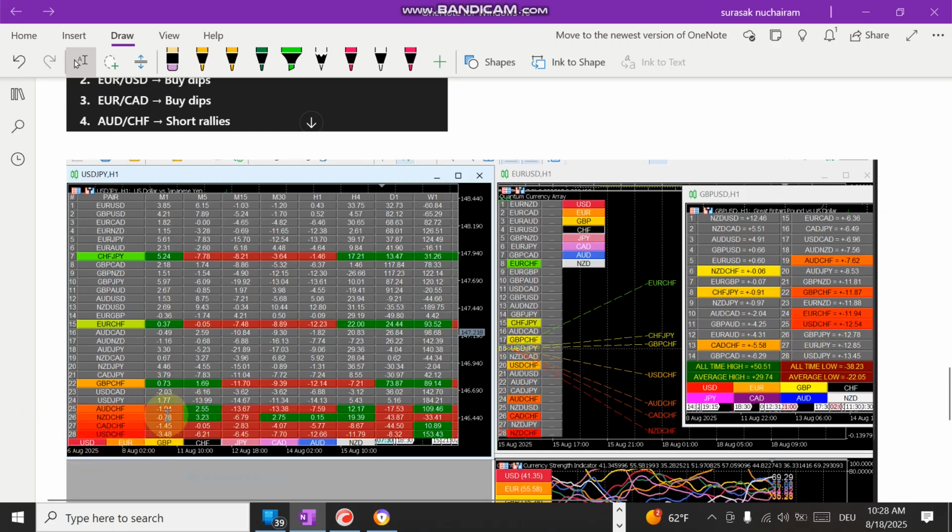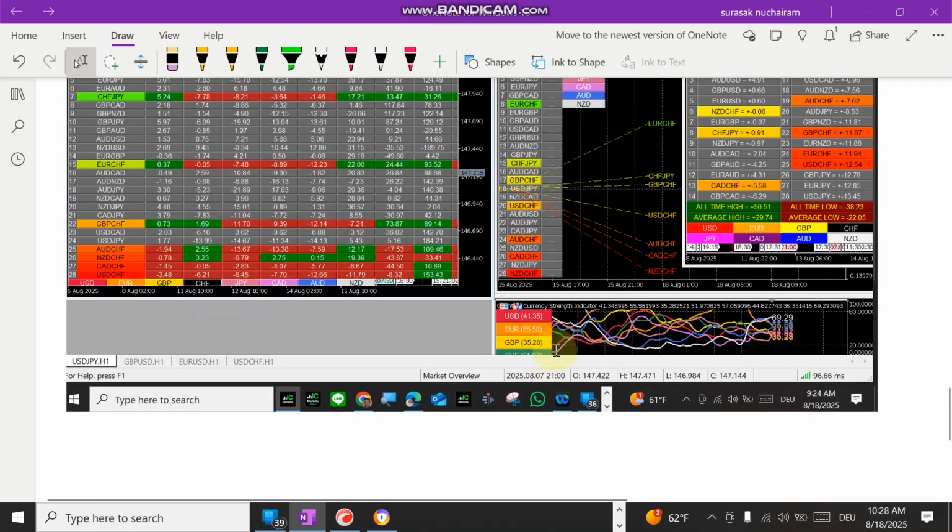That means it's dropped now. Where is this one? USD Swiss franc is in the middle, but still sell on the USD. And here, where is USD Swiss franc? It is very low. Perhaps that's the opening market.